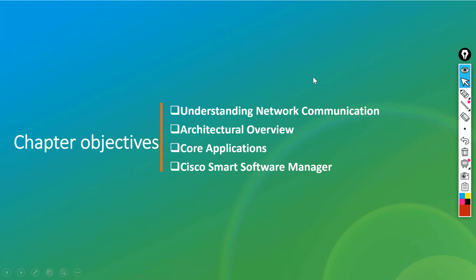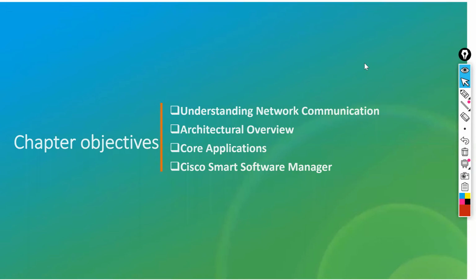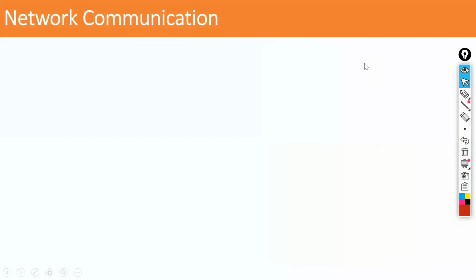Any idea how many types of communications we have in networking? I'm not asking about types of network, I'm asking about network communications. There are three types of communications we have: voice, video, and data communication.